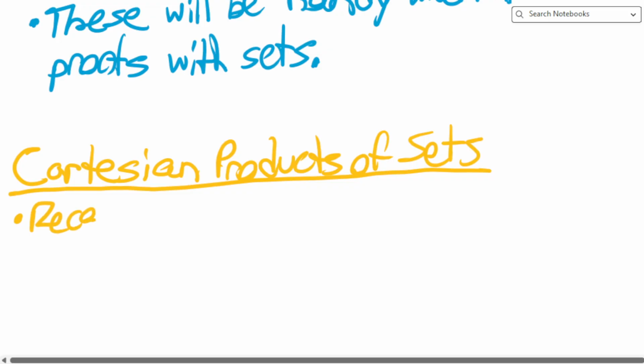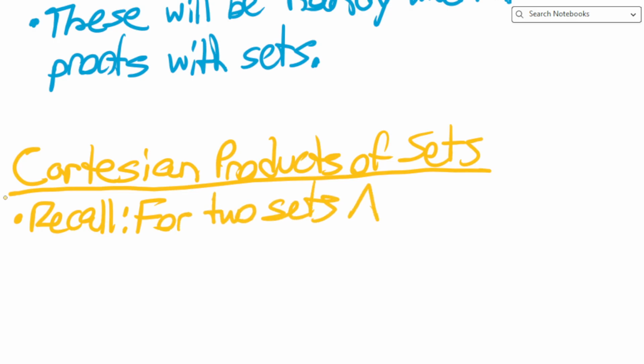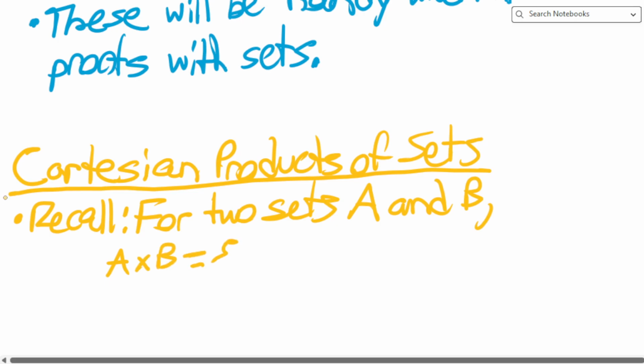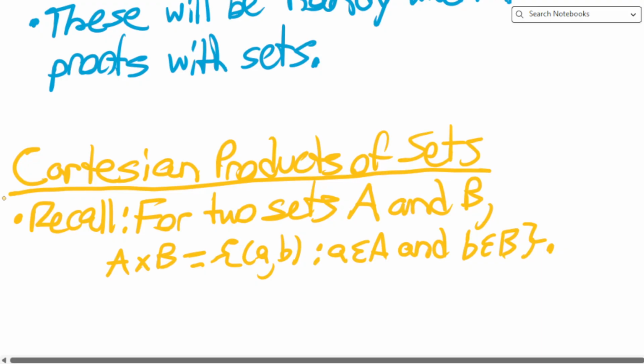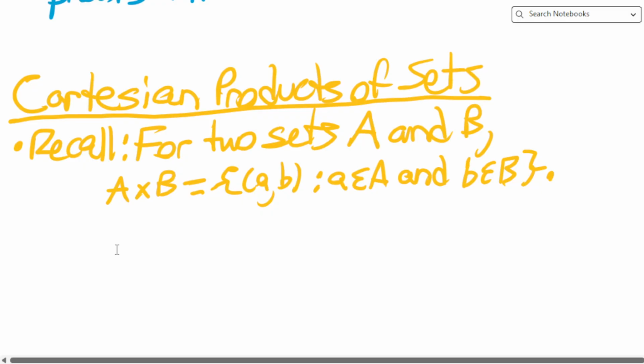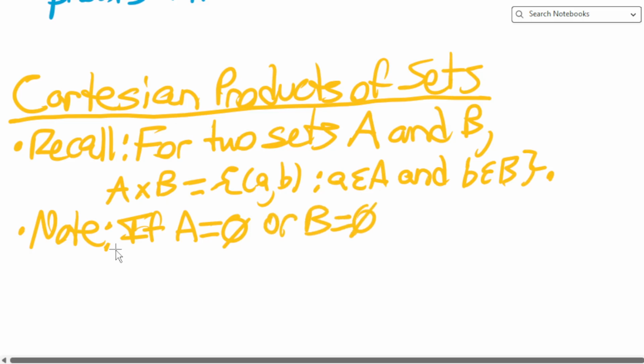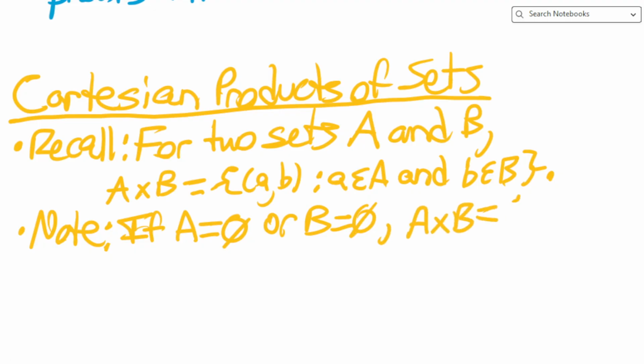So if you can recall from section 1, for two sets, A and B, the Cartesian product of A and B is equal to the set of ordered pairs (a, b), where a is an element of A and b is an element of B. So note, if A is an empty set, or B is an empty set, then the Cartesian product of A and B is the empty set.